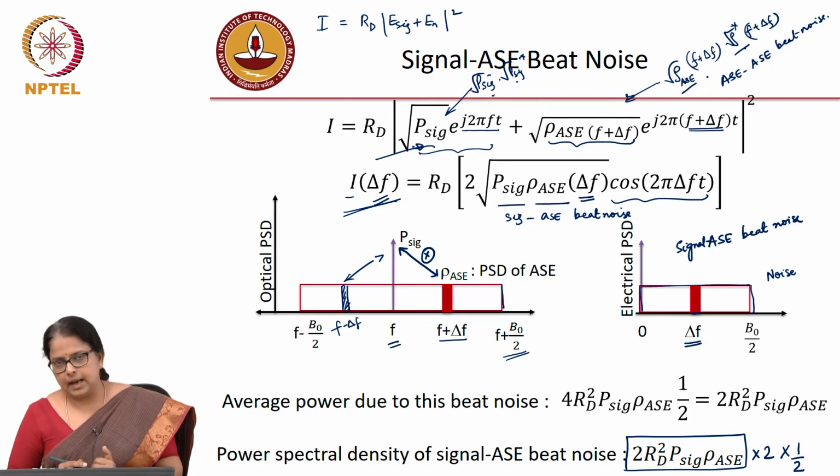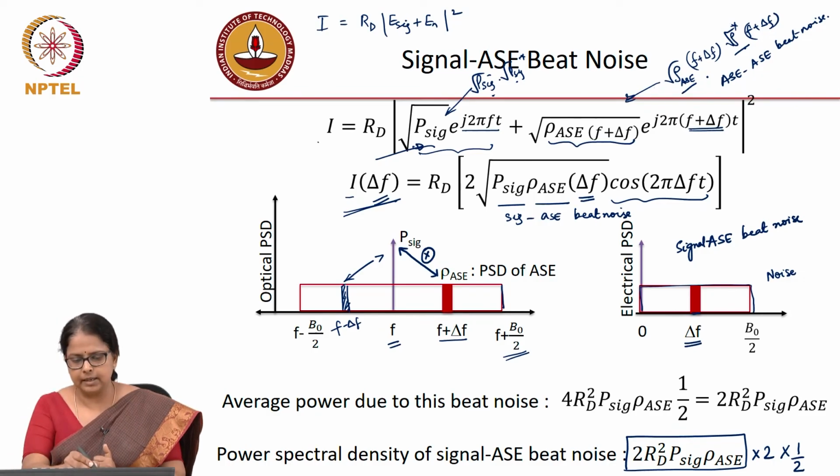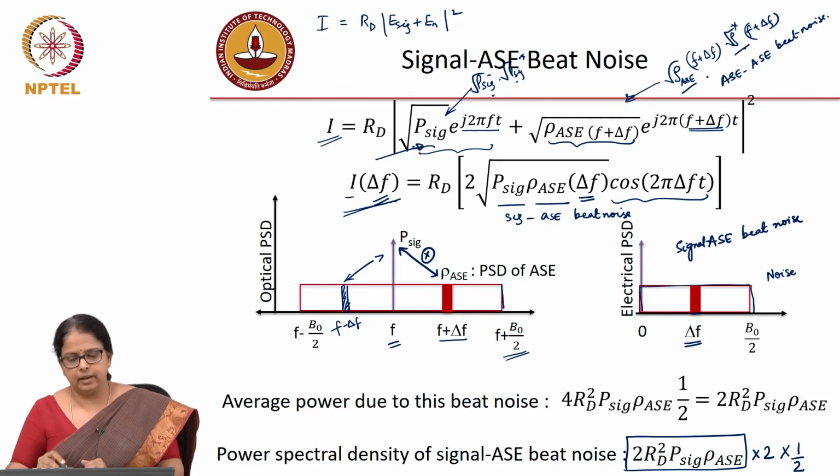Now, I will ask this question: is this electrical noise or optical noise? The answer is that it ought to be electrical noise, because I started with the detector current and then I did a square of the detector current. I have already multiplied the responsivity with the optical power. So, what we are calculating is the power spectral density of Signal-ASE beat noise in the electrical domain, not the optical domain.